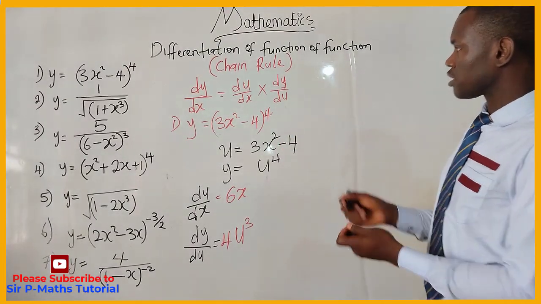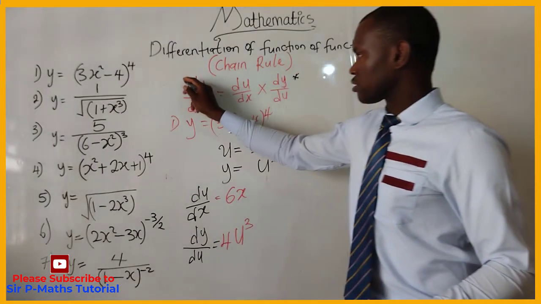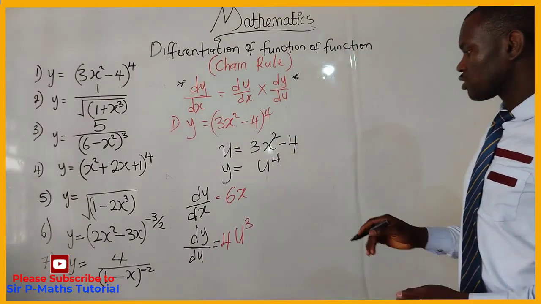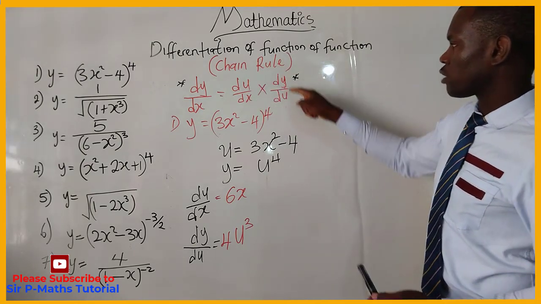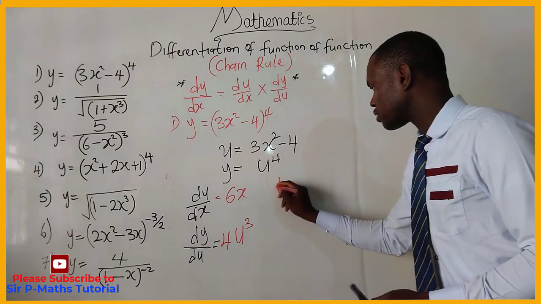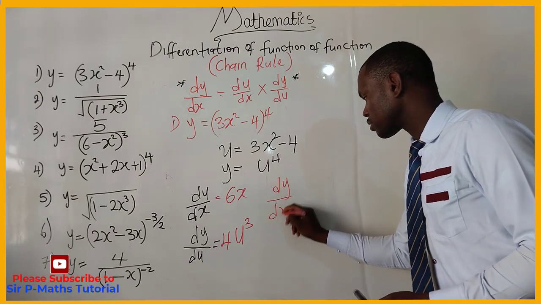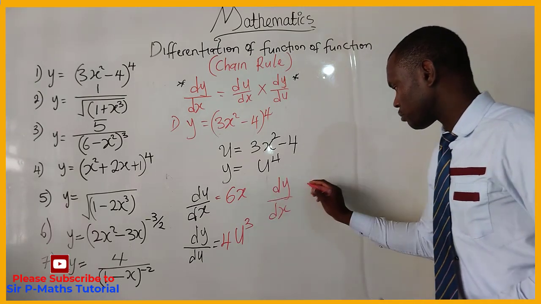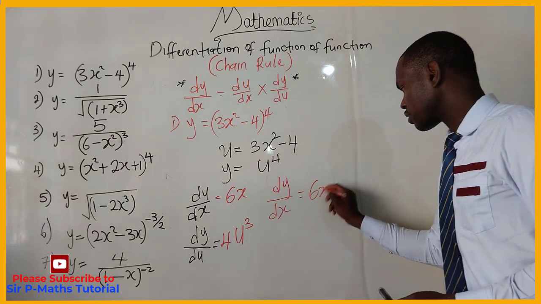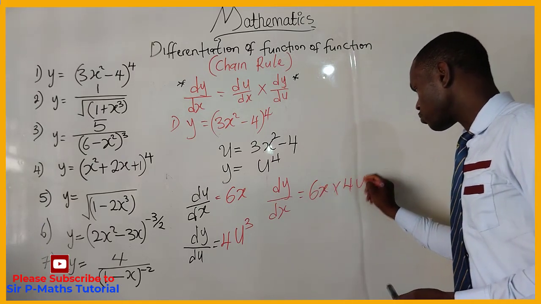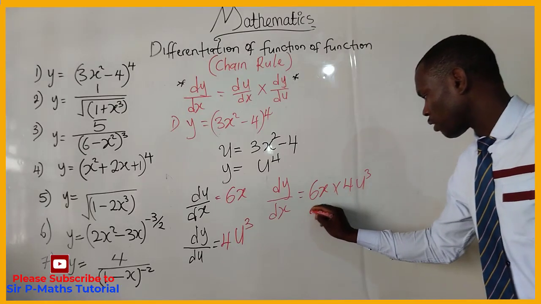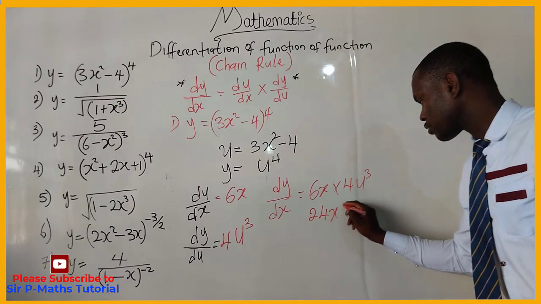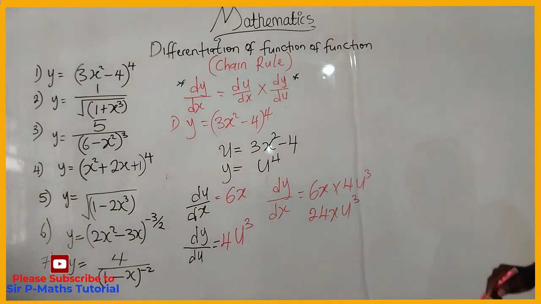Then the next thing I'll do is recall this relation, du over dx multiply dy over du. So to obtain my dy over dx, I'll multiply both of them. This will give me 6x times 4u raised to the power 3. If I multiply here, I will have 24x u raised to the power 3.